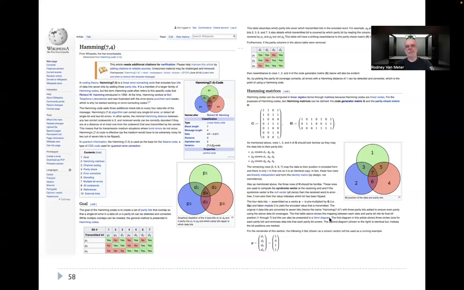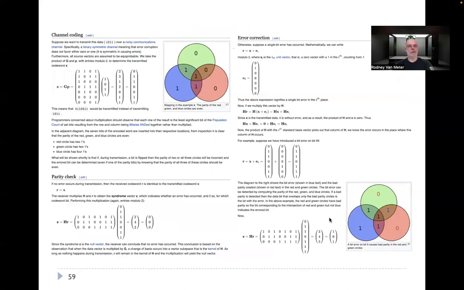I'm not going to have time to go through all of this because I need to wind up, but I'll let you all go through this and see how taking your original data bits, your original message, and multiplying by the generator matrix gives you a message that's then robust against errors. When an error actually happens, then you can correct it using the check matrix. All right.